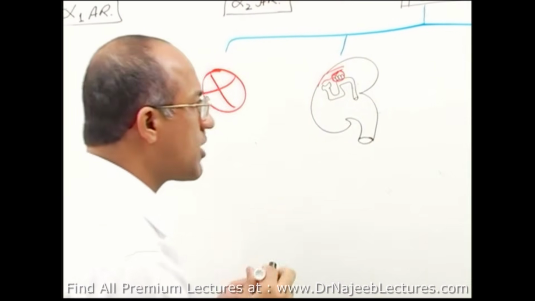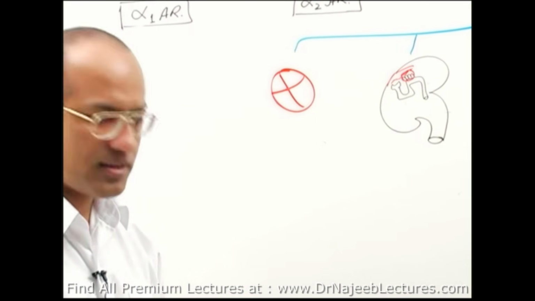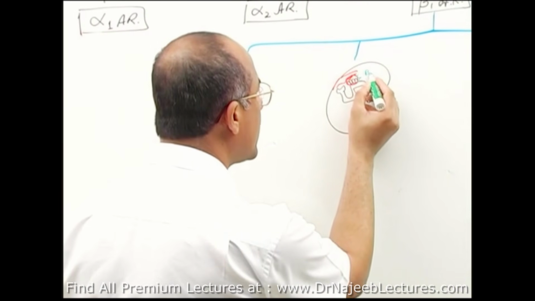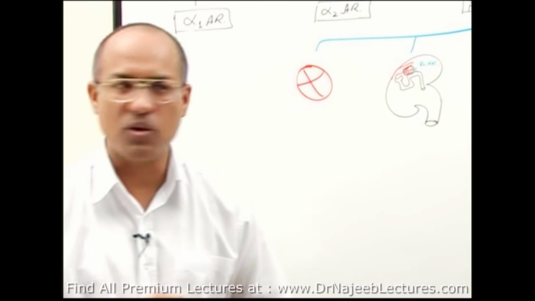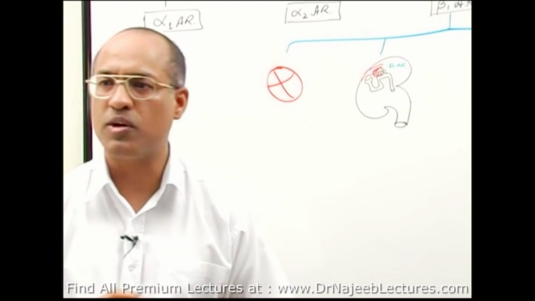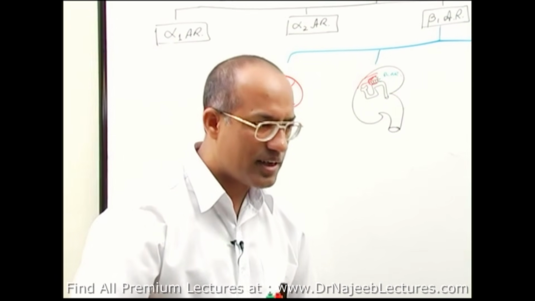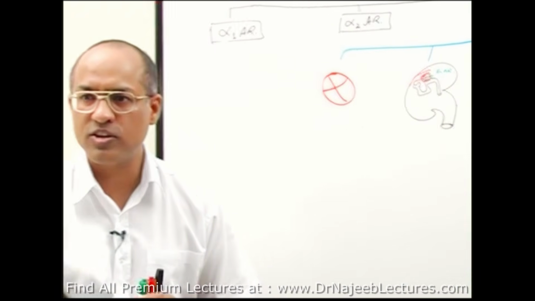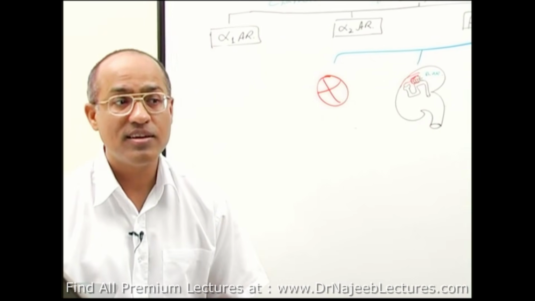All of this is juxtaglomerular apparatus, and it is having beta 1 adrenergic receptors. So whenever beta 1 stimulants are present in your body, they stimulate the juxtaglomerular apparatus and increase the release of renin, and the renin angiotensin aldosterone axis is stimulated, and then angiotensin 2 mediated.